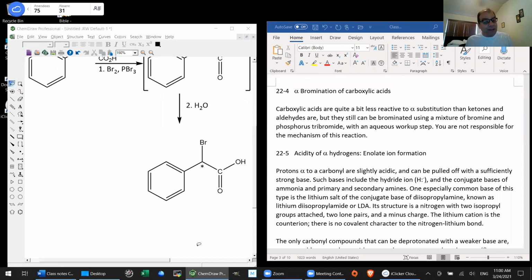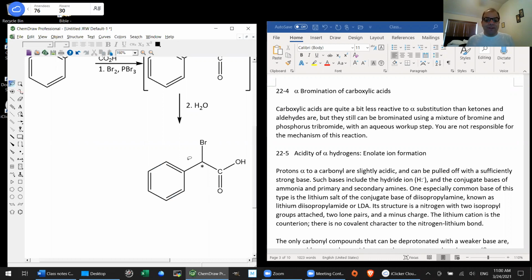And this is now pretty cool. We're actually 1 step away from making phenylalanine. Oh, no, we're not. I lied. We need 1 more carbon to make phenylalanine. I'd have to start with phenyl CH2CH2CO2H. And would that even work? Yes, of course, that would work.